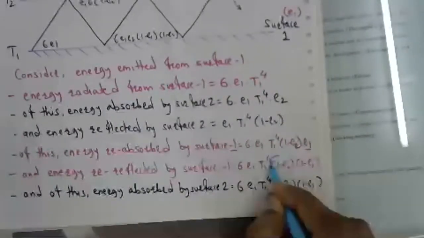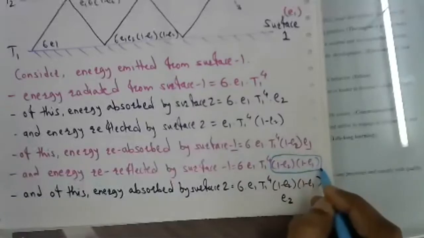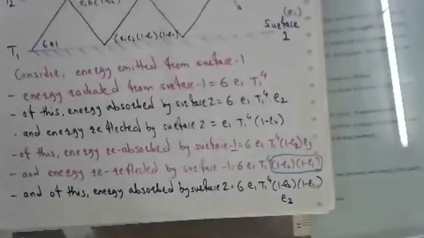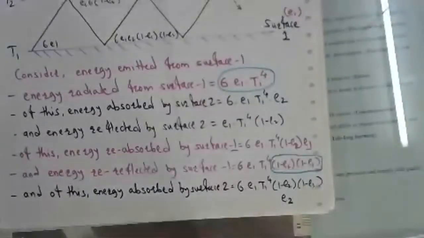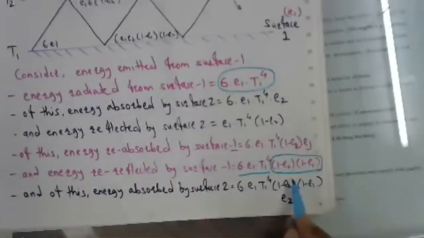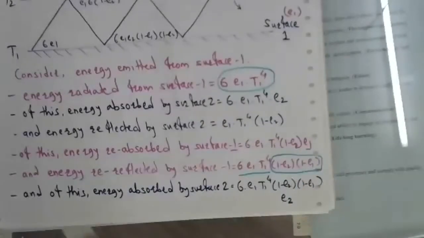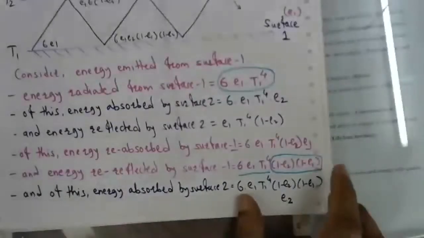But this part is added while re-reflecting. It is sigma E1 T1 raised to 4, but the new factor arises while re-reflected in a second cycle, that is (1 minus E2) into (1 minus E1). So as the energy suffers an infinite number of reflections, we can write the equation in a different manner on the basis of the above equations.